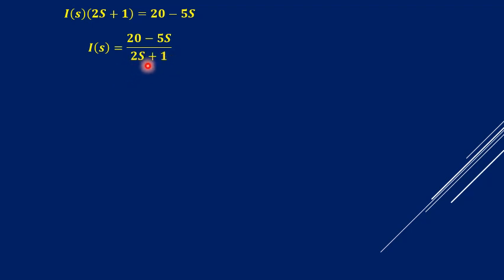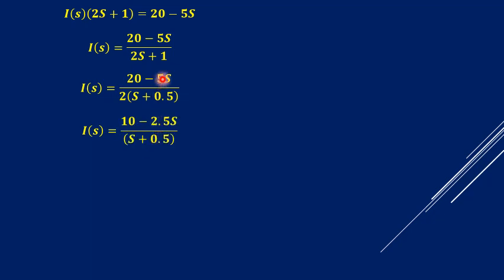Make this into s plus a format. So take 2 outside and bring this 2 to the numerator. It will become 10 minus 2.5 s by s plus 0.5. Now we can directly take inverse Laplace by writing like this: 10 divided by this minus 2.5 s by this.